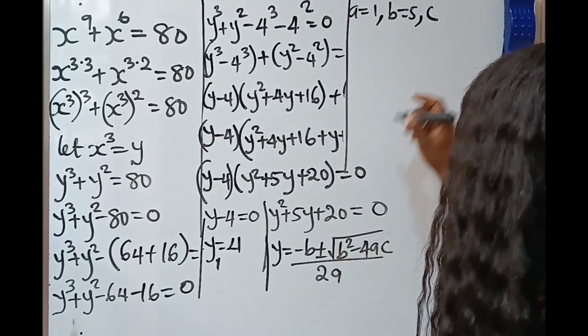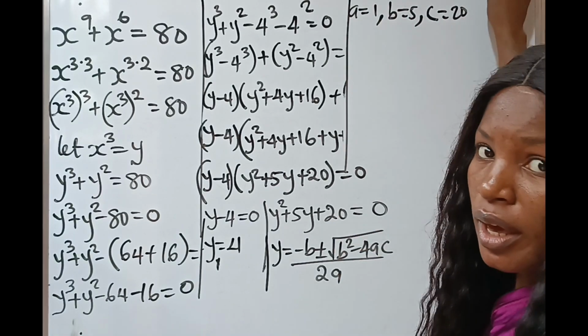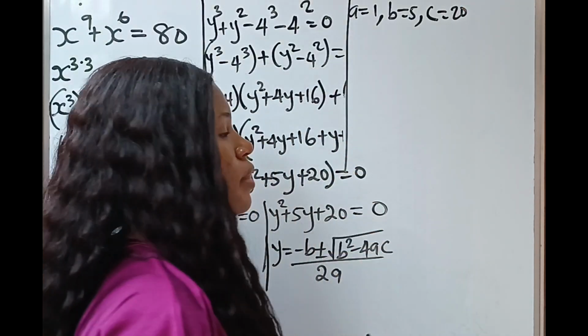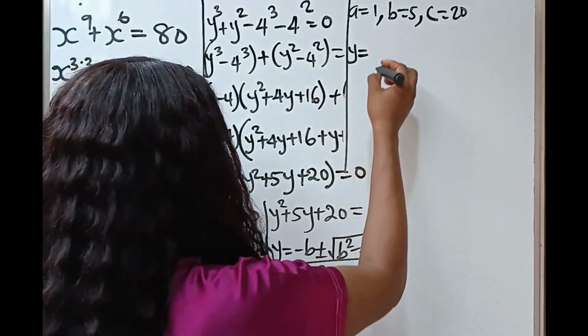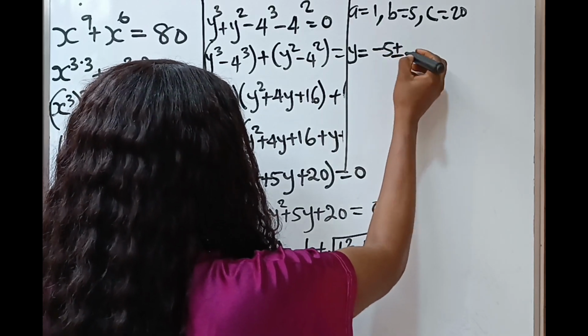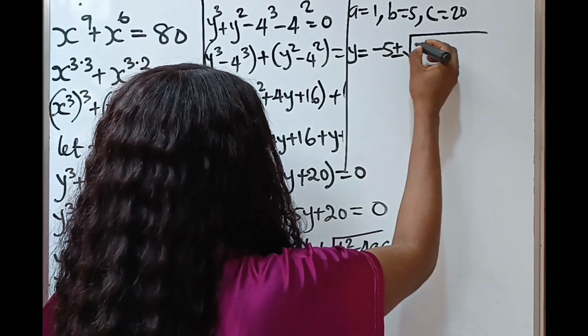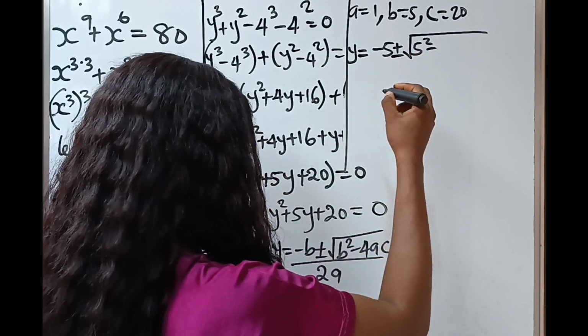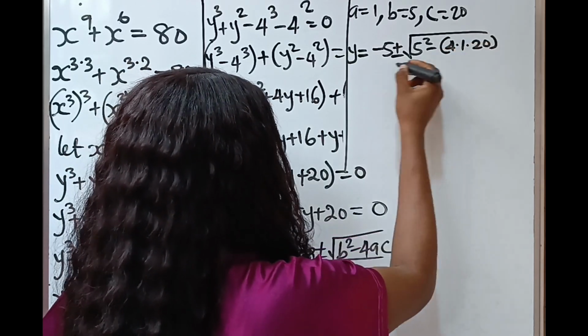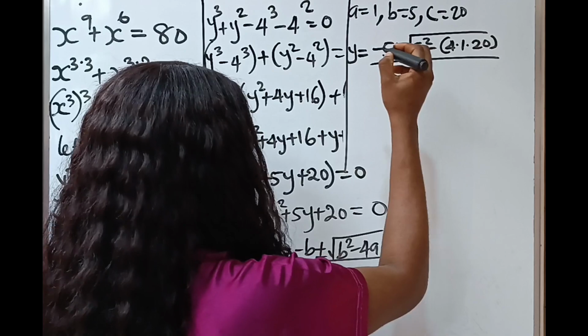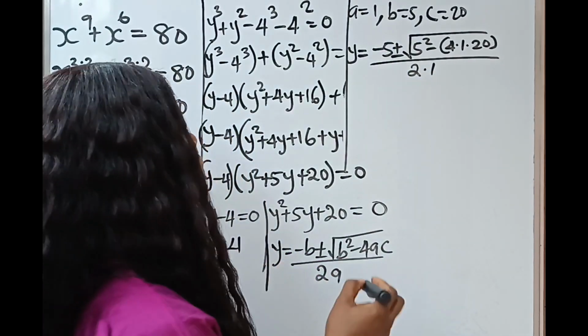And our c is our constant, which is 20. So let's solve. That means we can write that y is equal to minus 5 plus or minus square root of 5 squared minus 4ac, right? That is 4 multiplied by 1 multiplied by 20, everything divided by 2 multiplied by 1.